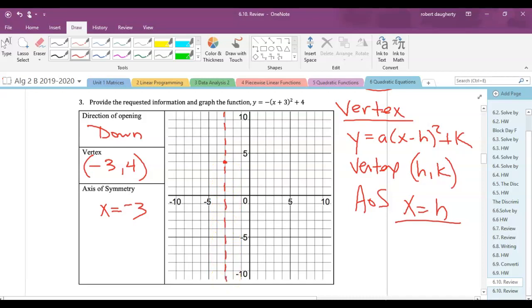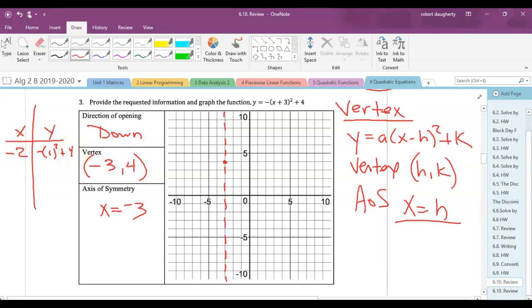This thing opens down. I just need a couple of test points to tell me what is happening. So I'm going to pick a couple of points. If that's -3, let's see what happens at -2. When I plug a -2 into this function, it's going to be 1 squared plus 4, that's 4 minus 1, that's 3.